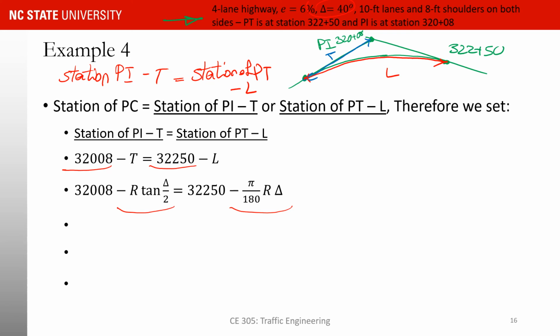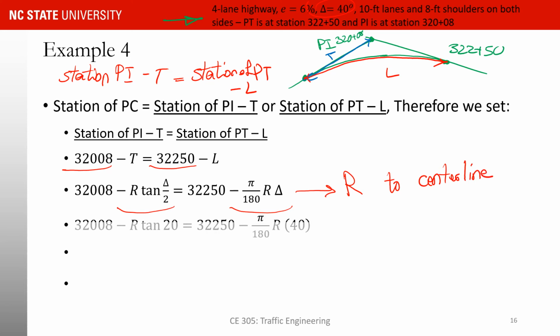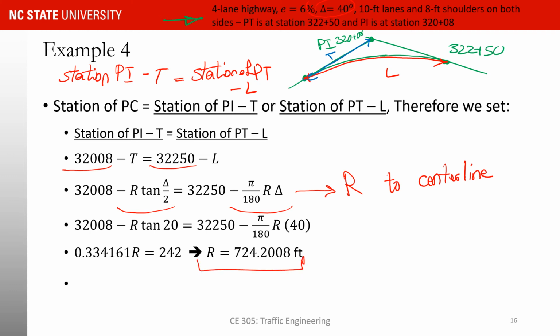So the only unknown here is R. And remember, R is to the center line of the curve. So I can determine R by replacing the value of delta into the equation. I'm going to have 724.2.